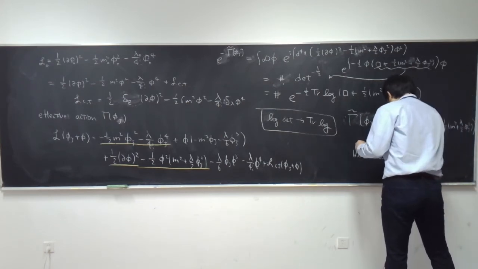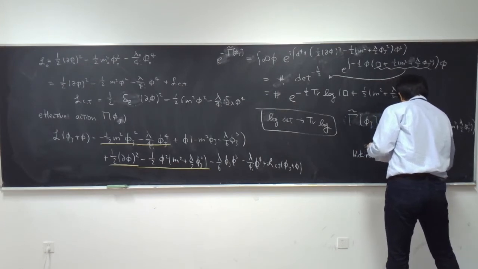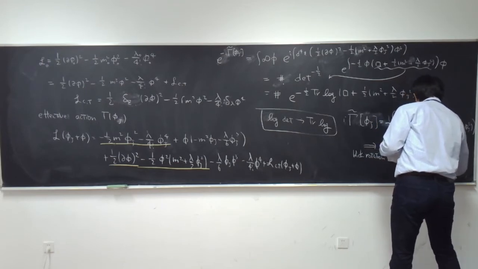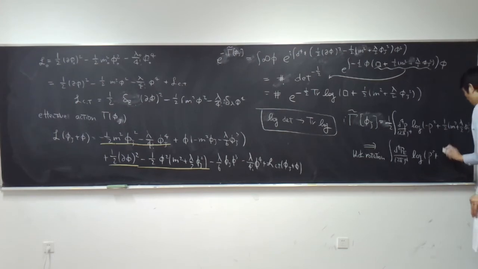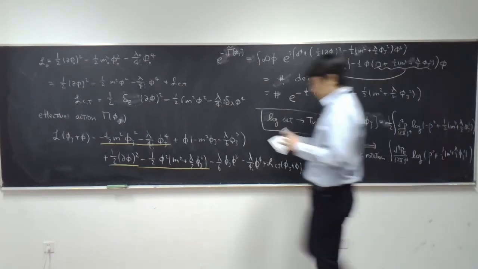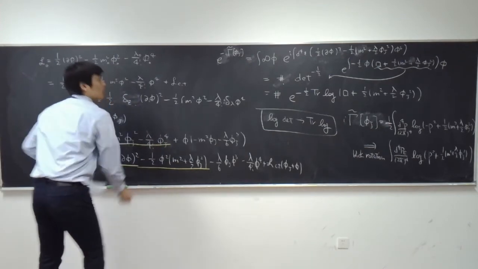Then this will give you the integral d^4p Euclidean over (2 pi)^4 of log of p^2 plus this part, 1/2 m^2 plus lambda over 2 phi_j^2.